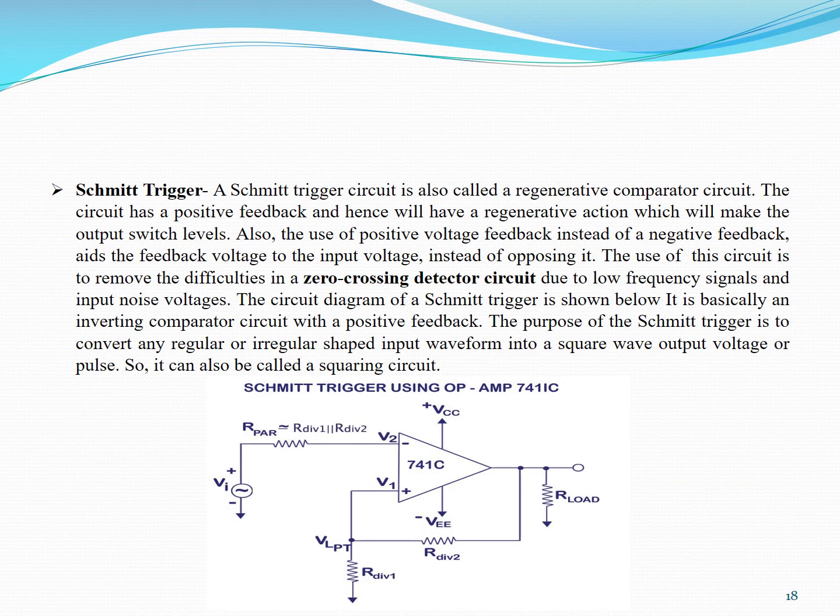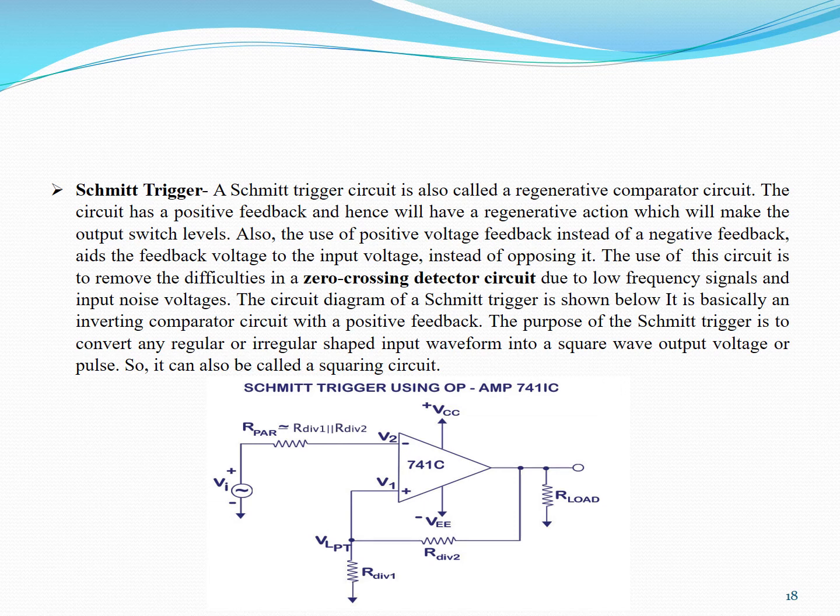Then comes the Schmitt trigger. This circuit is also called a regenerative comparator circuit. The circuit has positive feedback and hence will have a regenerative action which will make the output switch levels. Also, the use of positive voltage feedback instead of negative feedback aids the feedback voltage to the input voltage instead of opposing it.